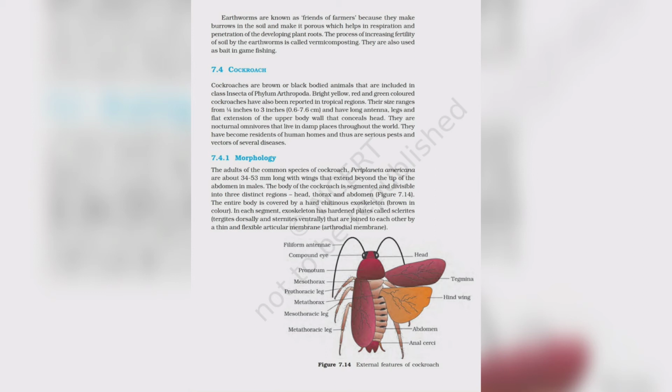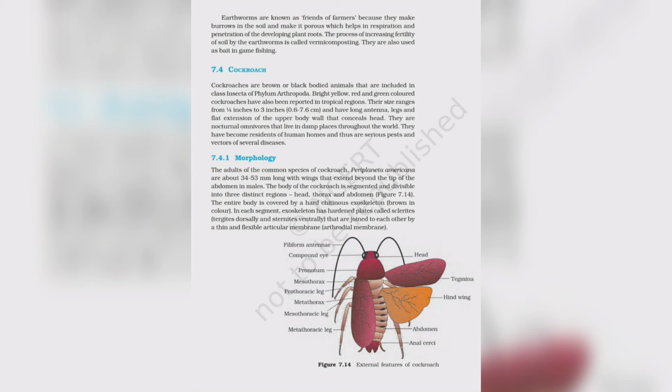In male, the genital pouch or chamber lies at the hind end of the abdomen, bounded dorsally by the 9th and 10th terga and ventrally by the 9th sternum. It contains the dorsal anus, ventral male genital pore and gonapophysis. Male bears a pair of short thread-like anal styles which are absent in female. In both sexes, the 10th segment bears a pair of jointed filamentous structures called anal cerci.